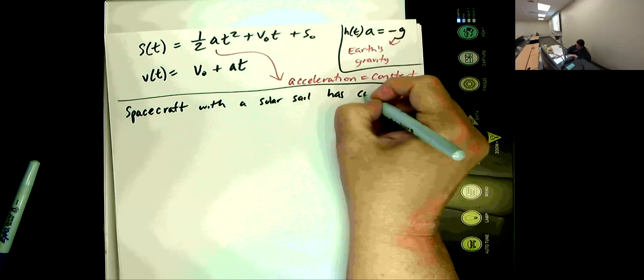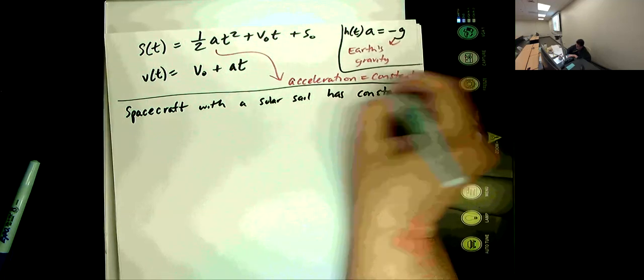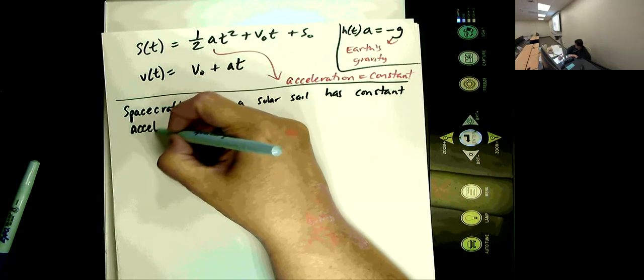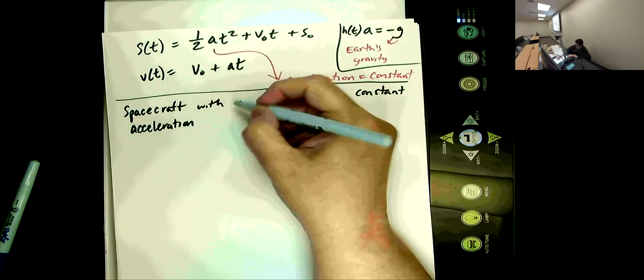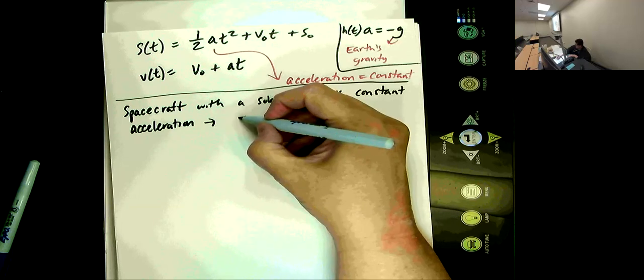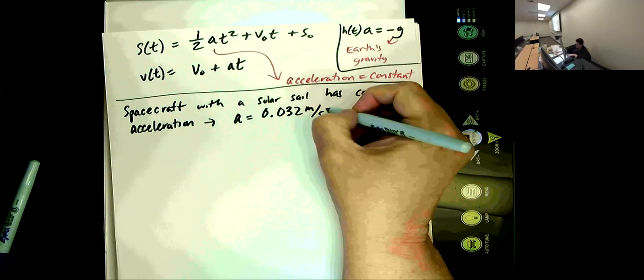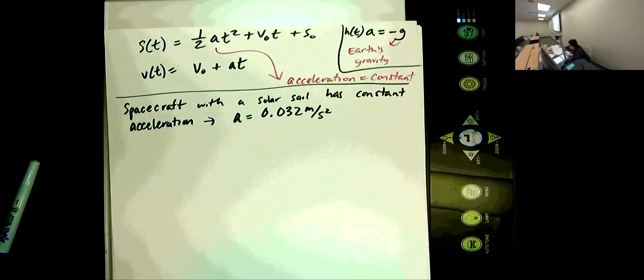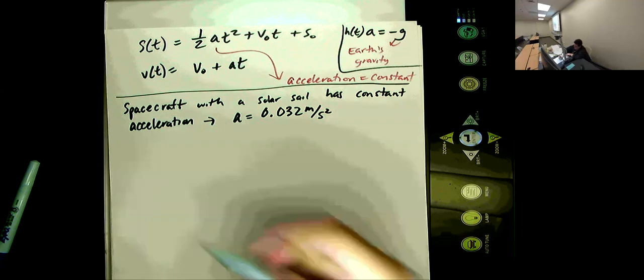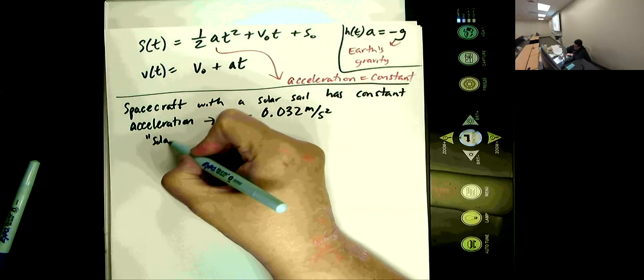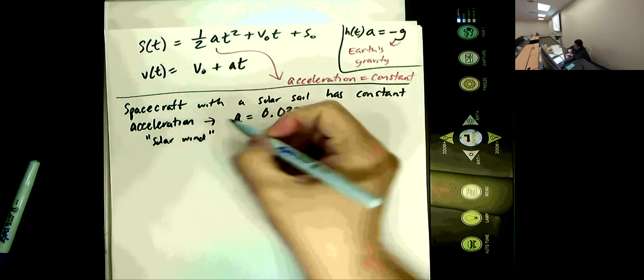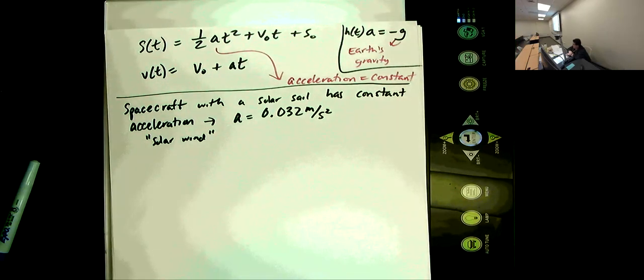That's constant acceleration. And let's say that a equals 0.032 meters per second squared. So like the solar wind pushes it. The particles radiating from the sun push on it and move it.